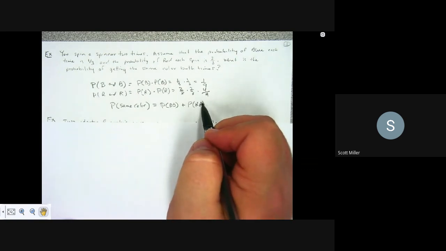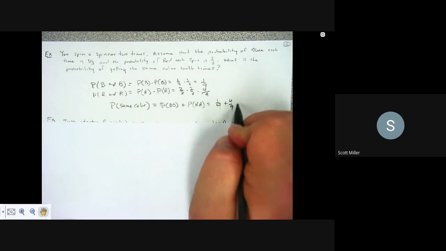And these are mutually exclusive, so there is no overlap. You can't be both red and blue. So therefore, it's 1/9 plus 4/9, or 5/9. So that's kind of how that works.